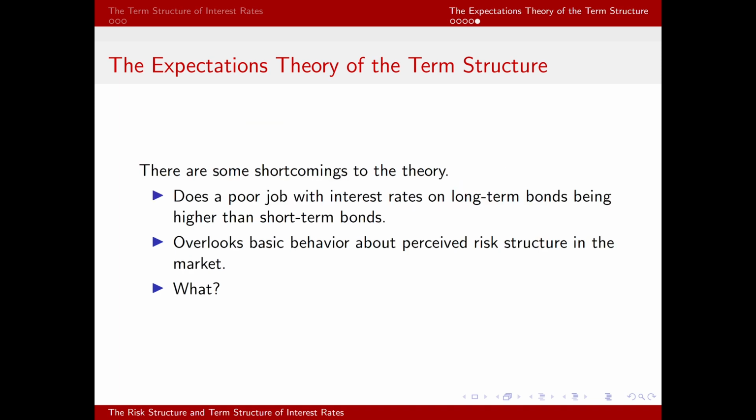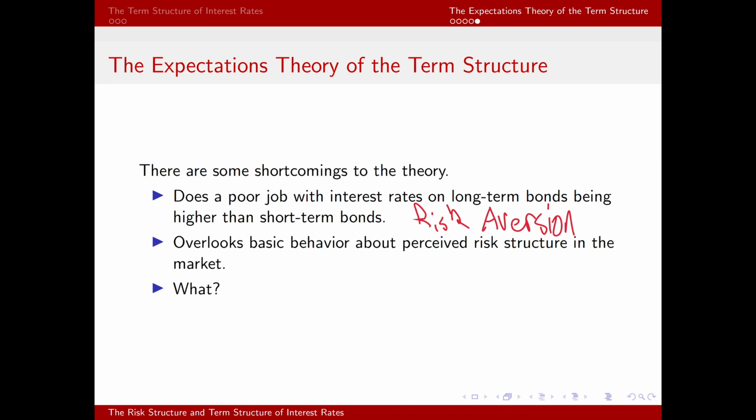But this isn't a perfect theory. It does a poor job with interest rates on long-term bonds being so much higher than short-term bonds. And one of the key determinants of that is risk aversion. What risk aversion is just saying is that investors don't perfectly believe in this substitution effect that we're just looking at with interest rates.